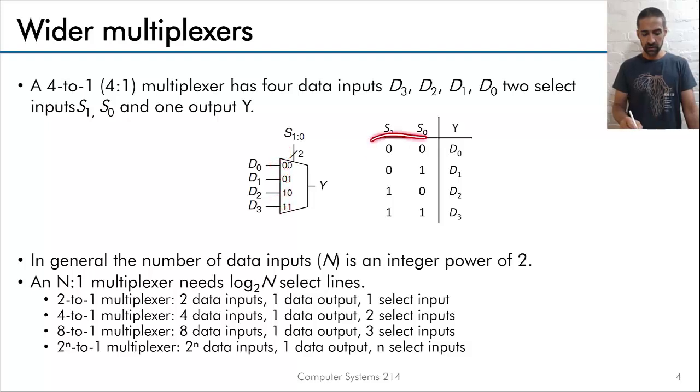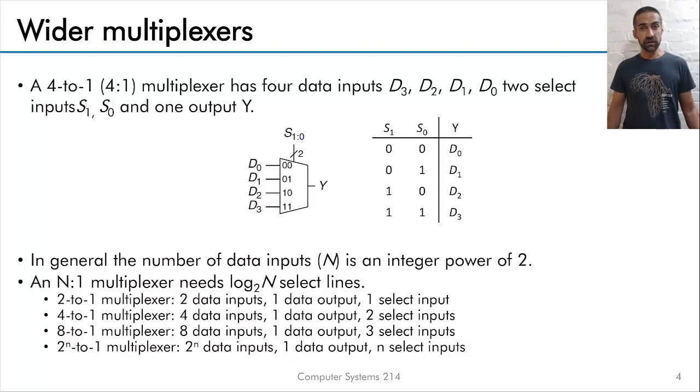If you consider those as 2 bits, the binary value 0, 0 will select channel 0. If the binary value is 0, 1, it'll select channel 1. If it's 1, 0, like 2, it'll select 2, and if it's 1, 1, it'll select 3. So by manipulating these 2 select bits, we select one of the inputs which is connected onto Y.